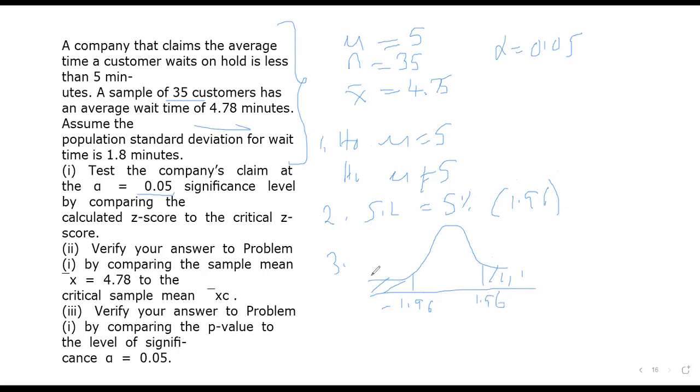Next we calculate our Z. Z is equal to what? X bar minus mu over standard deviation over root of n. So what is our x bar? 4.78, minus our mu, which is 5. Then our standard deviation was what? 1.8.